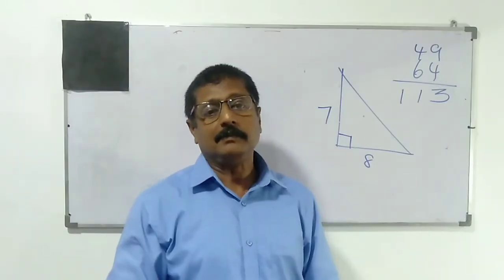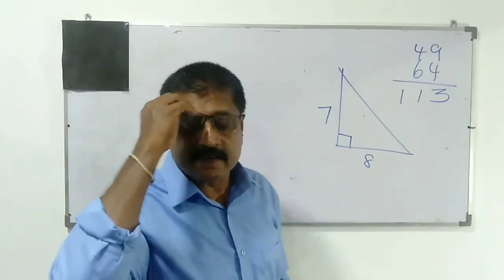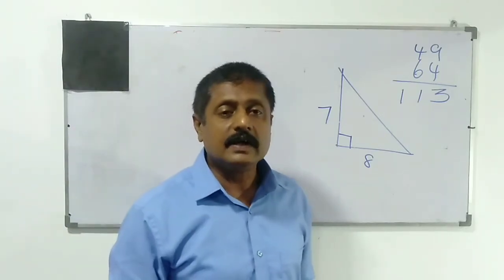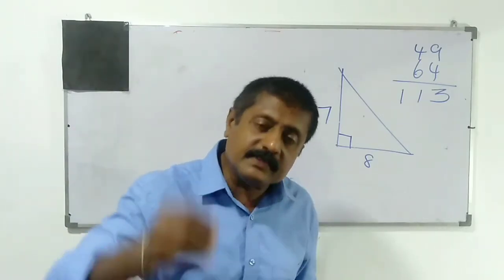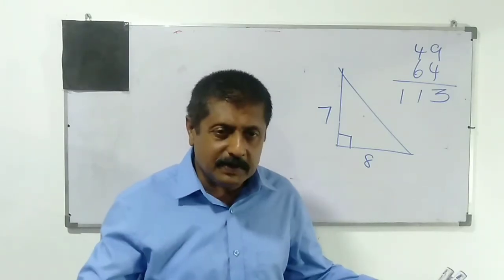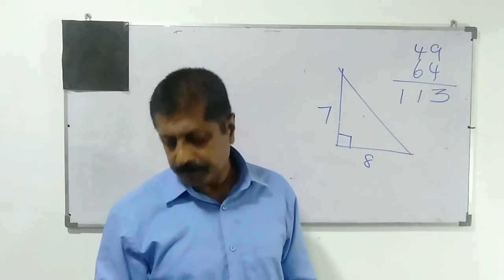There is a problem. 113 is not a perfect square. You can't find the square root easily because the square root is a decimal number. You don't get a whole number as the root.